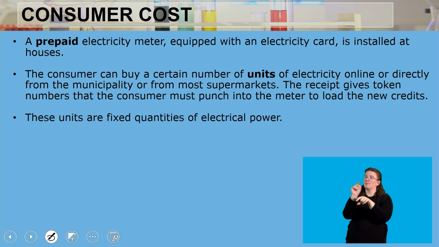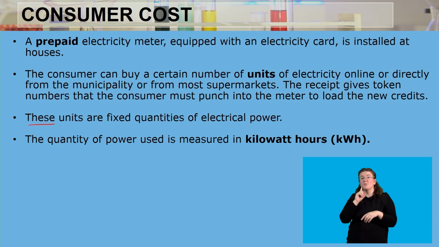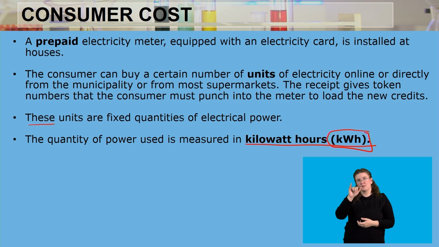So these units that you are punching into the meter are fixed quantities of electrical power. Each unit gives you a certain amount of specific power that can be used based on those tokens that you are getting from the receipt when you are buying it from the supermarket, online, or even directly from the municipality. Then the quantity of power used is measured in kilowatt hours. So this is how we are going to be denoting it: kilowatt hours.